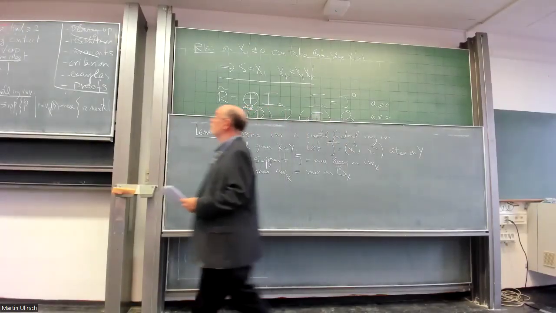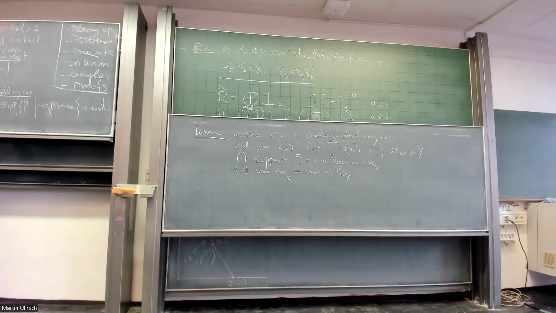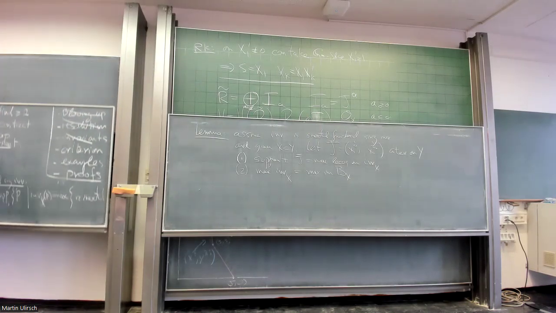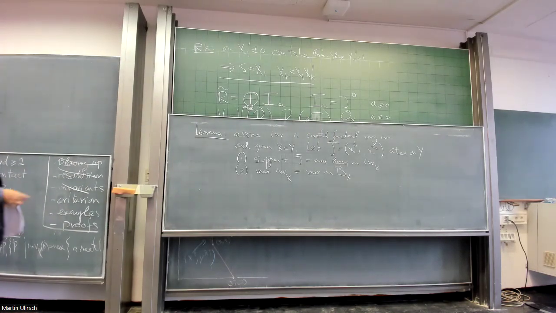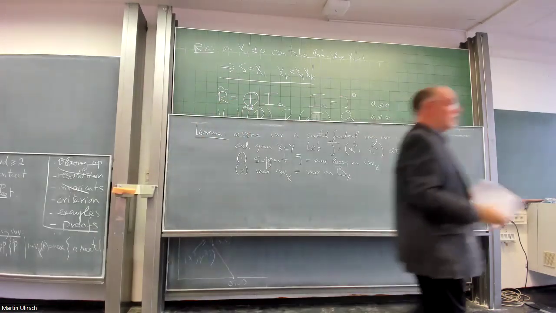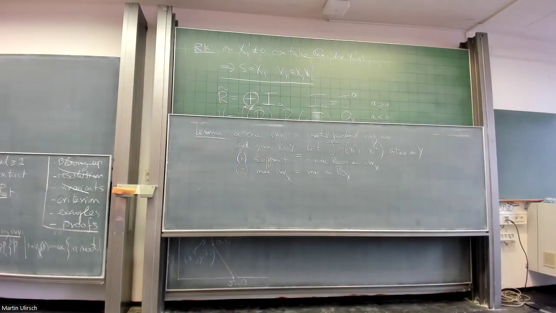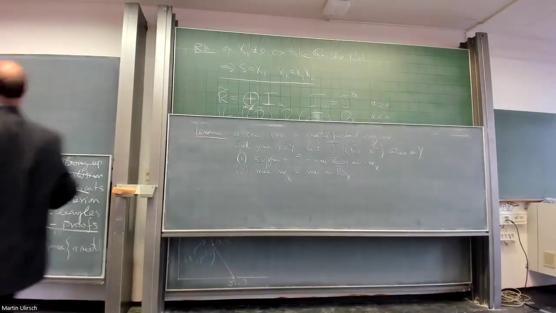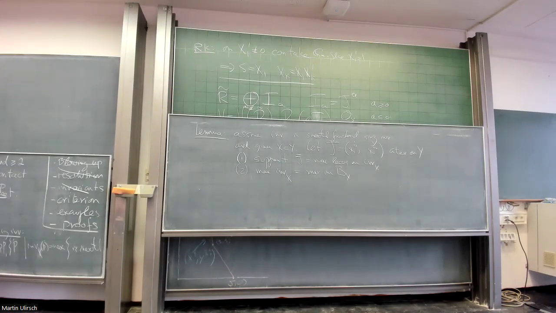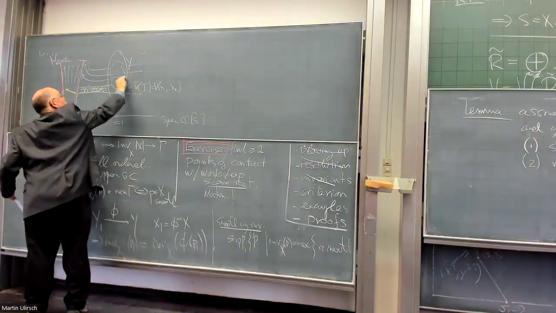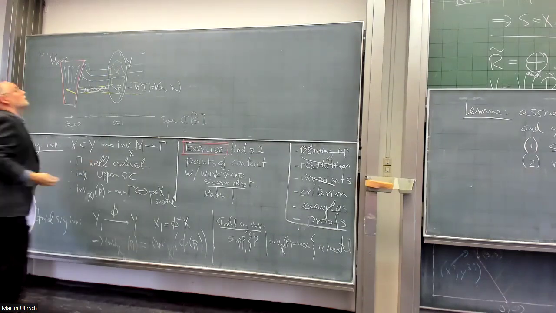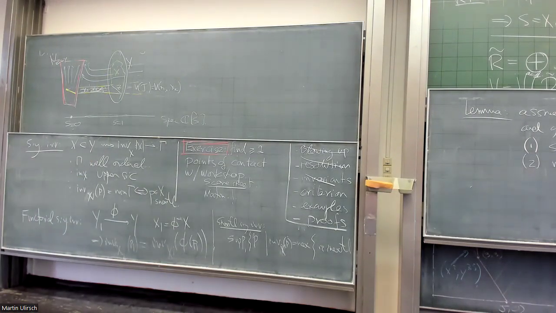So I need to draw a picture. So maybe my last color. So the situation is I have an X. Can you see the green?